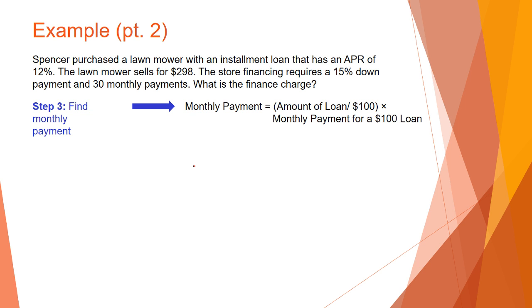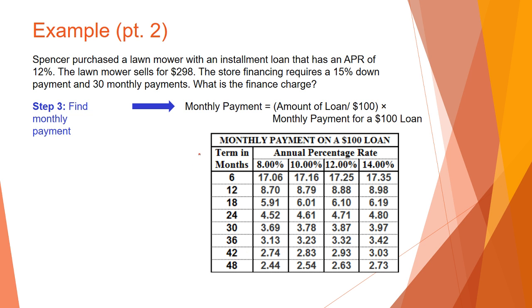They give you this table in your workbook and in your checkpoint. Right here. So we're looking at the monthly payment for a $100 loan. So we're going to take a look at what is the APR. It says 12. So we're looking at the column for 12 only. Next thing is to find how many monthly payments are we making.